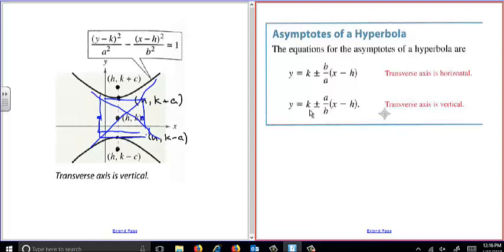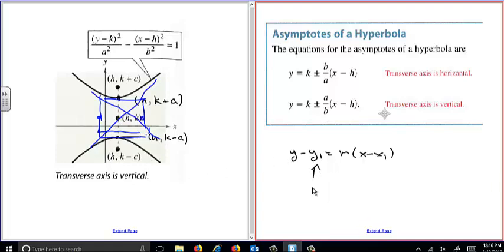And what they're basically doing here is they're using the point slope form of the linear equation. So you got y minus y1 is equal to m times x minus x1. And the point that we're going through, both of these lines go through the center of the box, the center of the hyperbola.